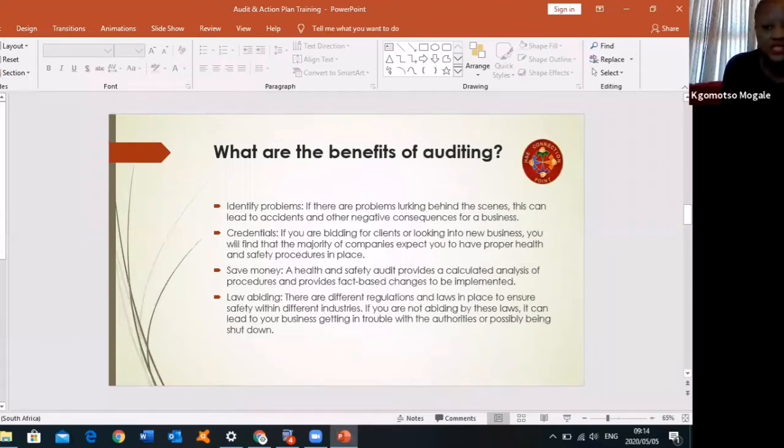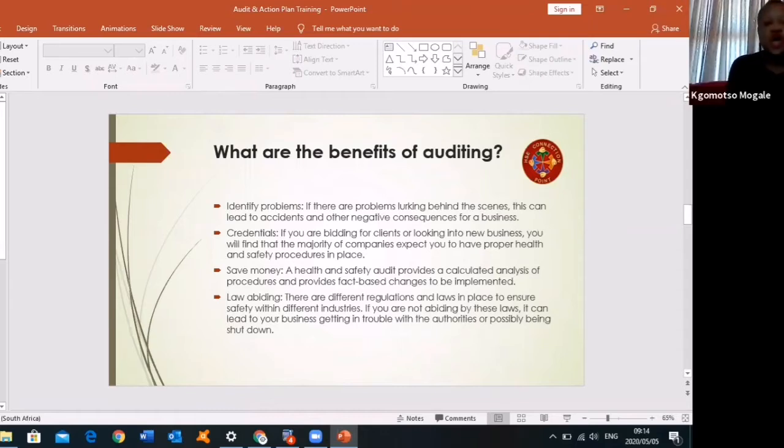They will also ask for certain documents. They will look at the safety statistics in terms of injuries, incidents, and all that, so that they can give us business. So auditing will also help us in that regard, in terms of the company credentials.